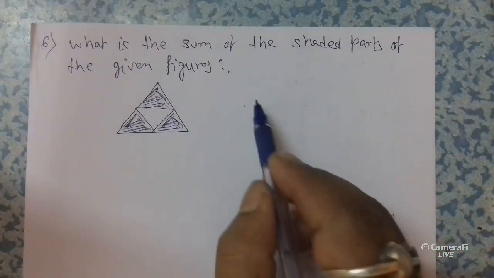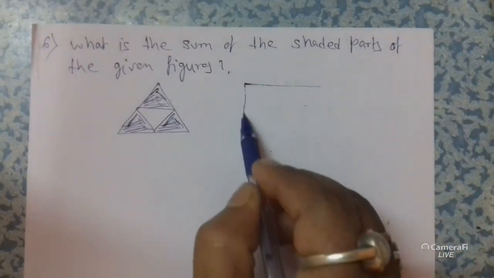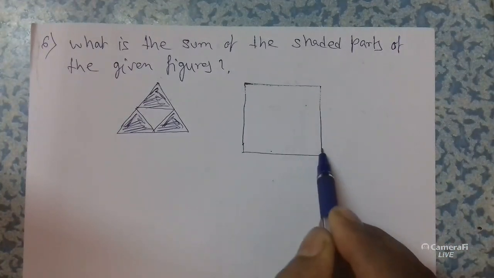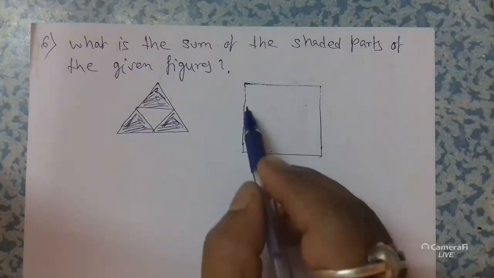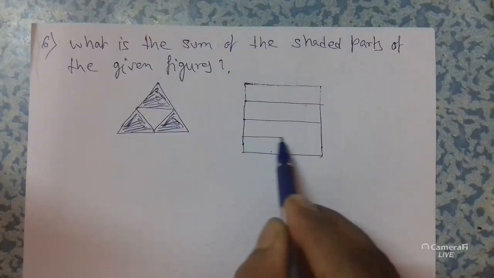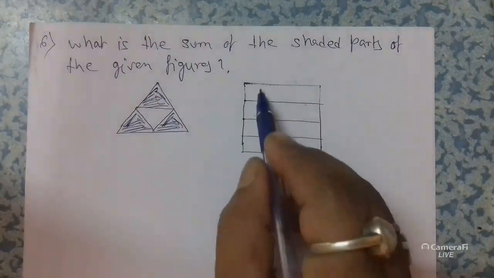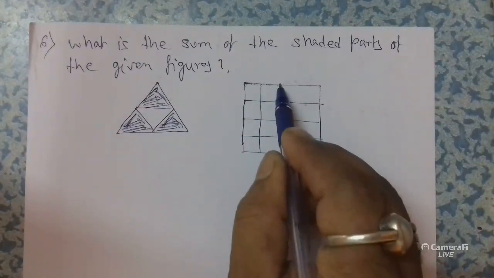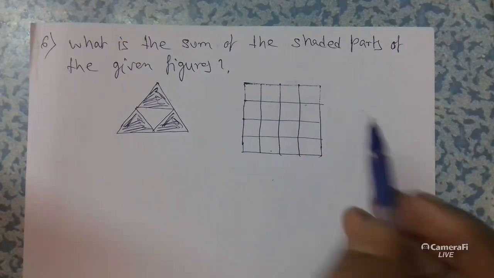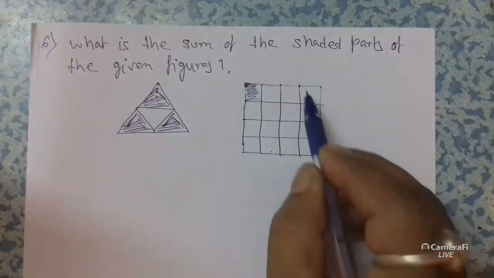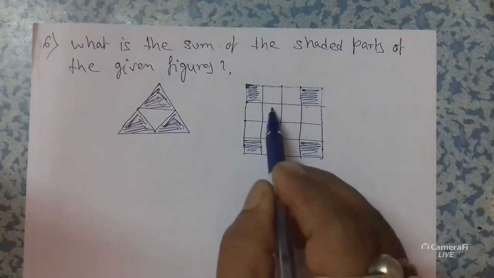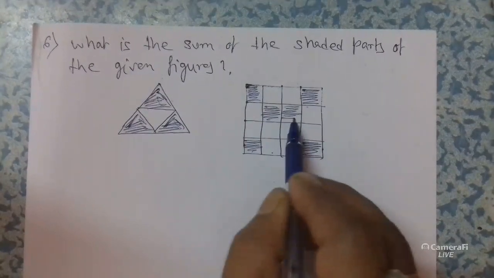And the second one is a square, and the shaded portions are this one, this one, this one, and also this one is a shaded portion.